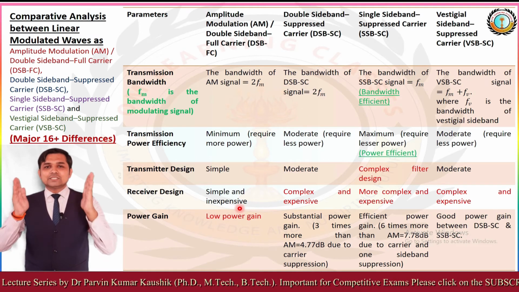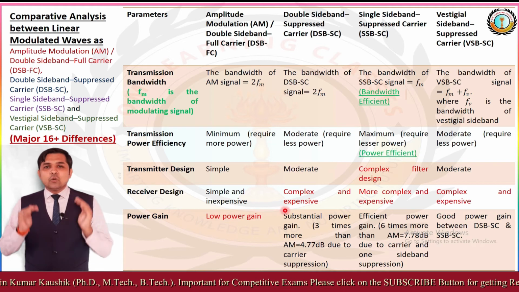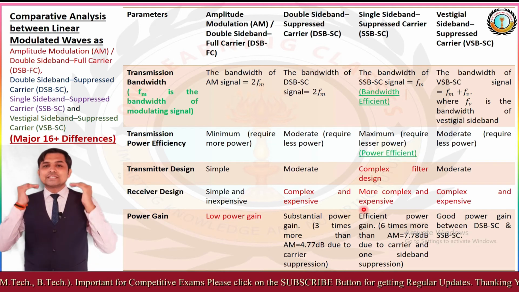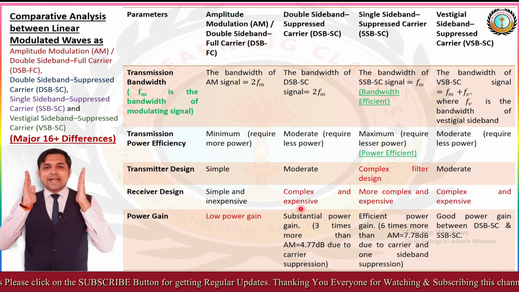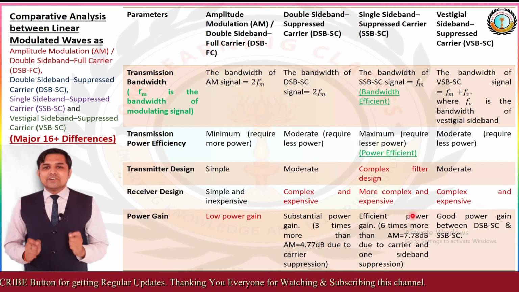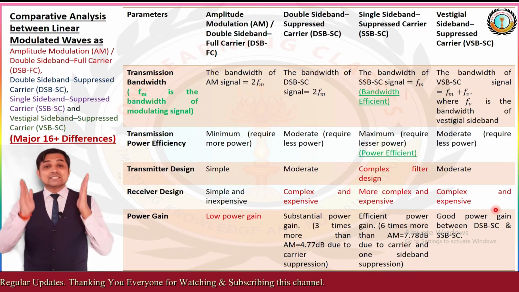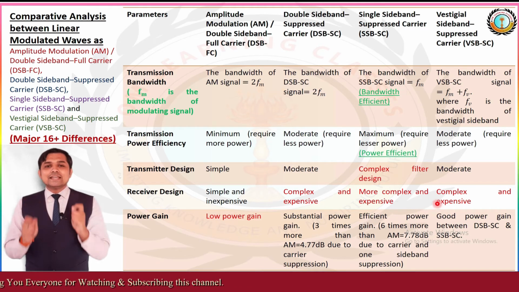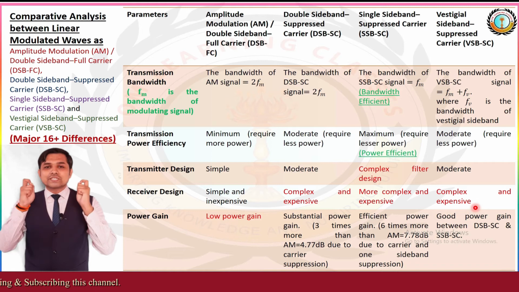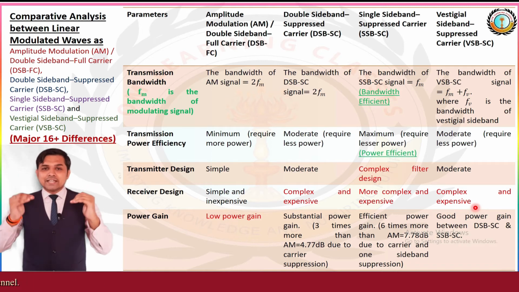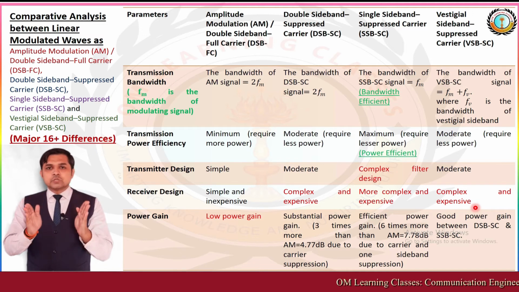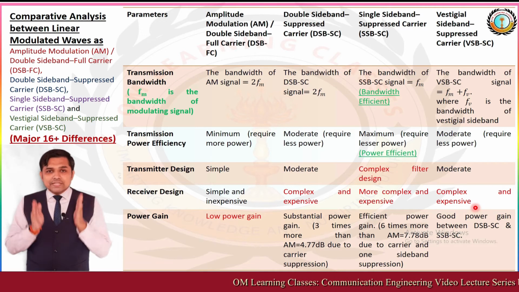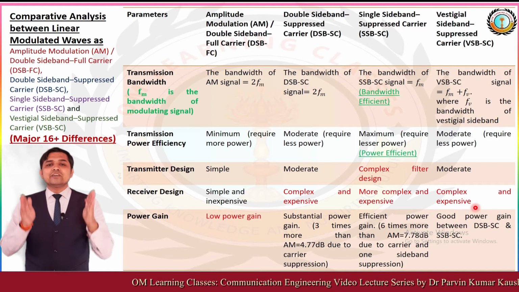And in the other suppressed carrier modulation schemes, we have a synchronous detector, and that gives a complex and expensive receiver design, because in a synchronous detector there is a requirement of a local oscillator which generates a signal, and that signal must be coherent in terms of phase and frequency with respect to the transmitted carrier wave.